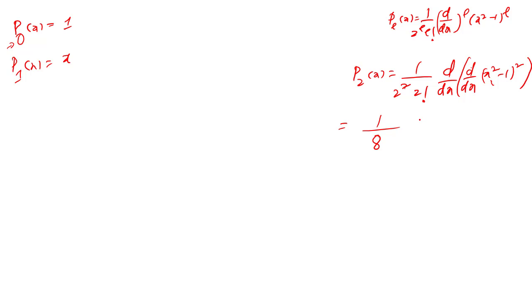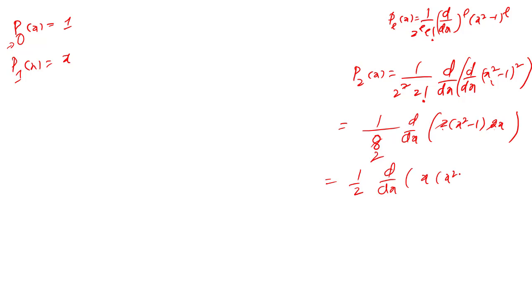And then we have d by dx of this, so I would have 2 times x squared minus 1 times 2x. So I have 4 here, so that cancels out, and I get 2 here, so that would be equal to 1 over 2 d by dx of x times x squared minus 1.